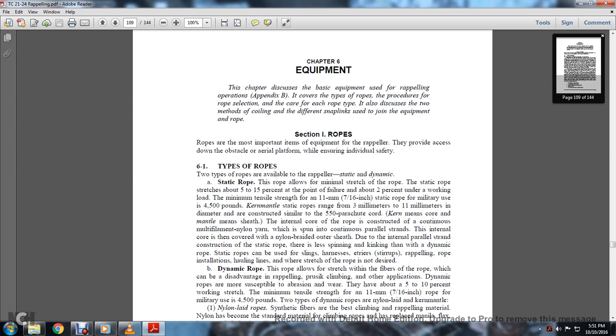This internal core is covered with a braided nylon outer sheath. Due to the internal parallel strands in the construction of the static rope, there is less spinning and kinking than in a dynamic rope. Static ropes can be used for slings, harnesses, interior stirrups, tag lines, and installing hauling lines, or wherever stretch of the rope is not desired.